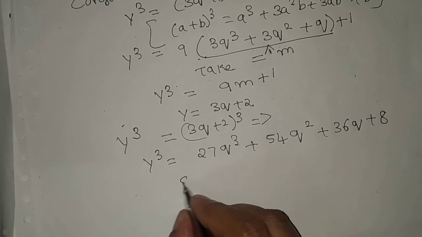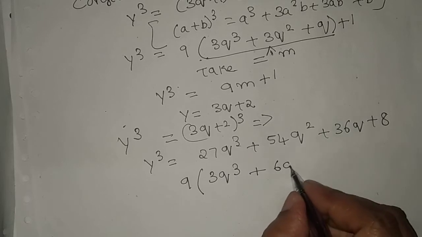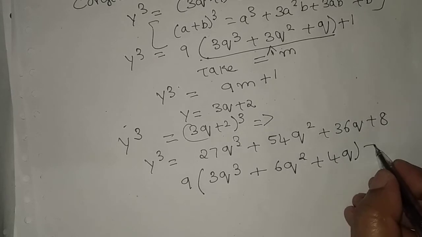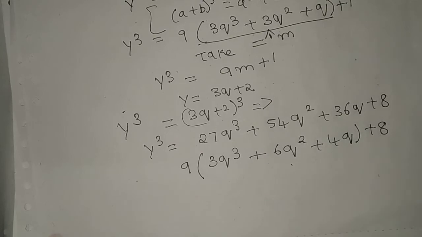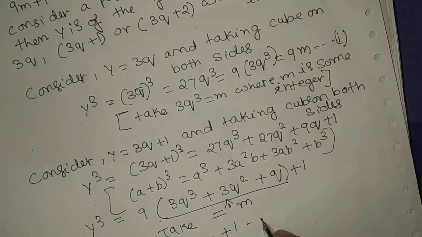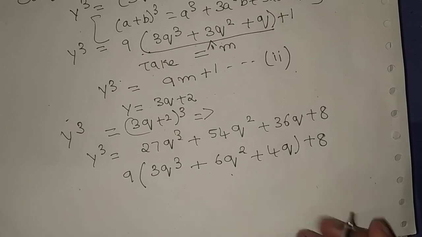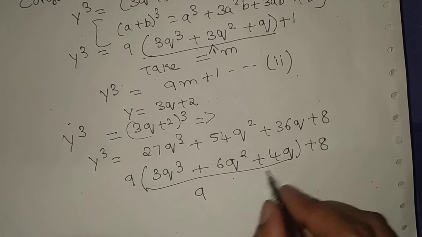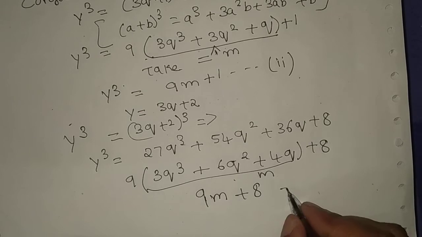So after this take 9 outside, 3q cube plus 6q square plus 4q, then plus 8 outside. I'll write this one as equation 1 and this one as equation 2. So finally the last one, as we are getting 9 outside, we can represent all of it by m. So 9m plus 8 we are getting, this is equation 3.